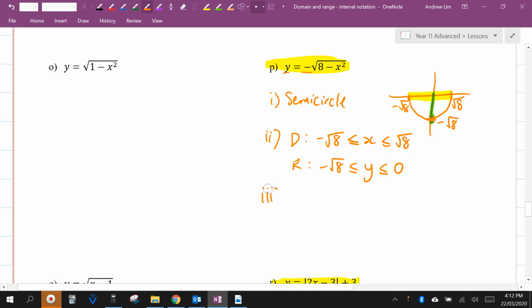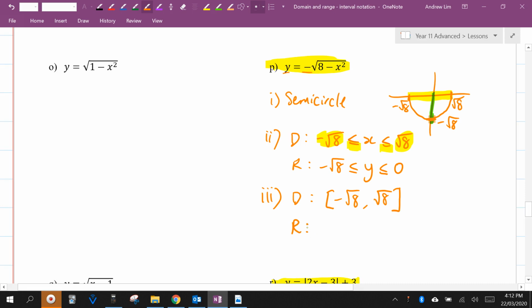So how do we write this in interval notation? Well, the domain, because it includes negative root 8, we use square brackets. And because it includes root 8, we use square brackets.